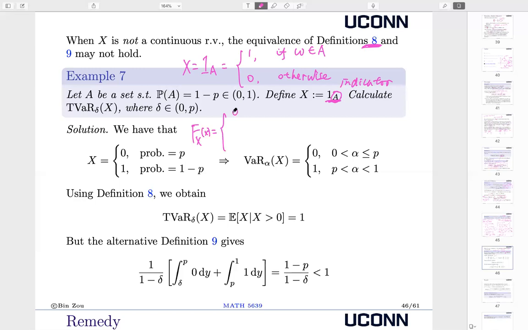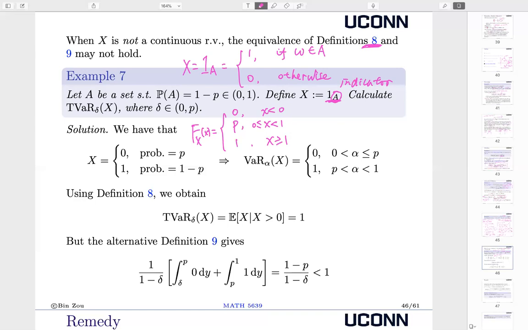Anything less than 0 would be 0. At 0, there is a jump with probability p. For anything greater than 0 and less than 1, it stays at p. And once I hit 1, I have full probability 1. So it's a very simple distribution.